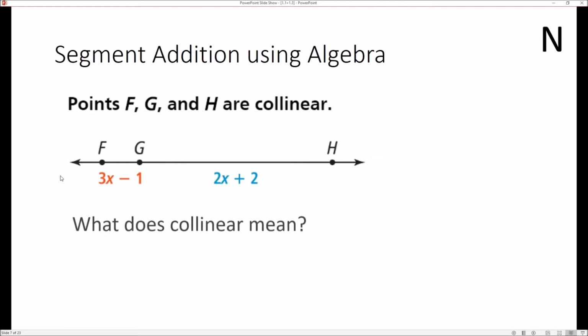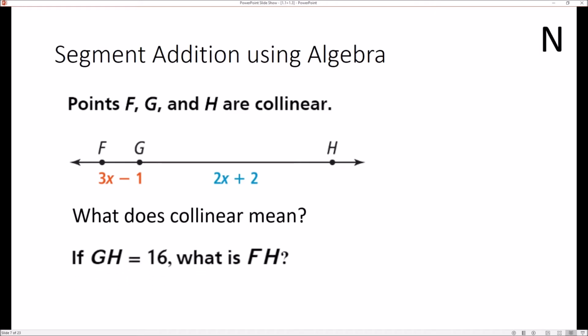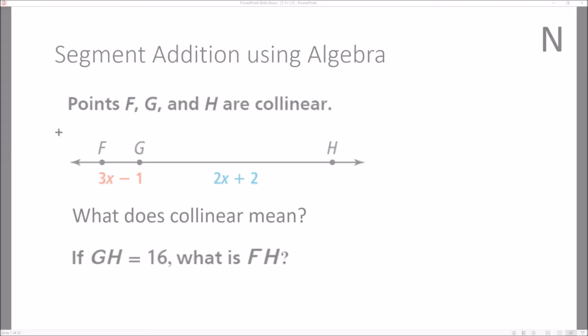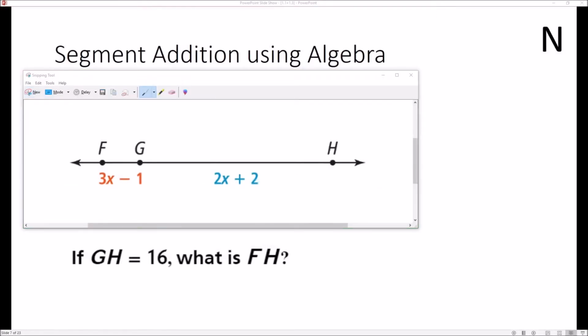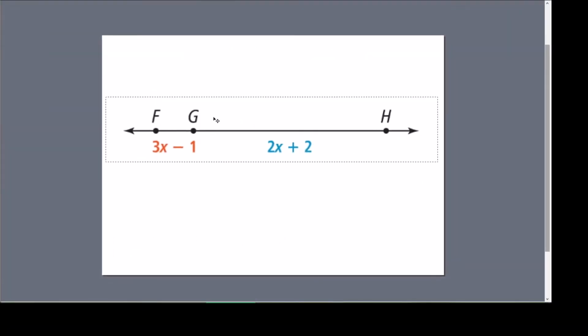So our next slide says we know what collinear means. If GH is equal to 16, let's move that over to the other side. GH is 16 by definition on the other slide.